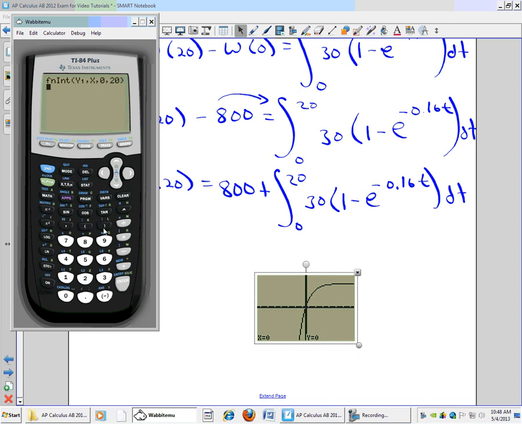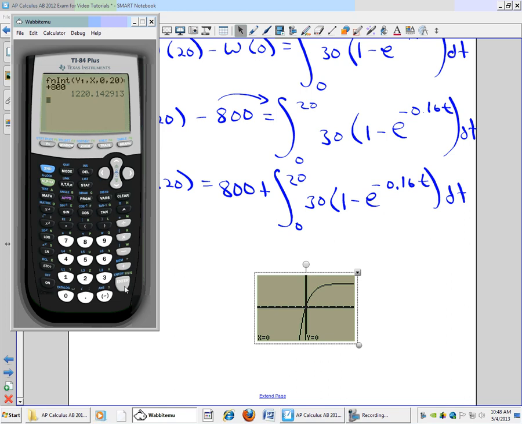I'm going to stop here for a moment and mention that you could have just entered the 30 times the quantity of 1 minus e raised to the negative 0.16t for that value of y1. But since I had already entered it into the y equals, using the variable key makes this a little easier. Now, I don't want to forget to add the 800, so plus 800, and then hit enter.